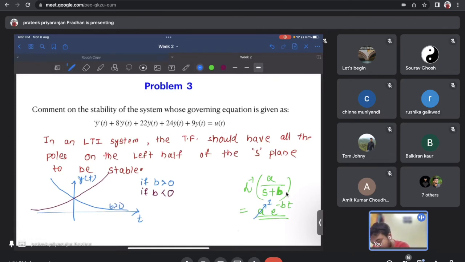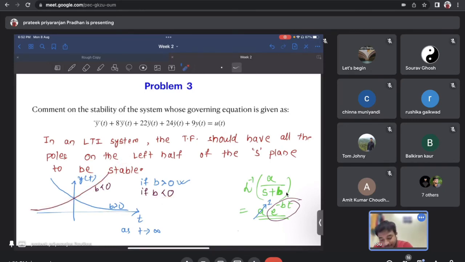B is positive and B is negative. Because if B is negative, this whole term becomes e to the power Bt. This minus B becomes positive, so it will be diverging. Can I say the system is stable? As t tends to infinity, when B is greater than 0, my system is tending to 0, whereas for B negative, it's going beyond.